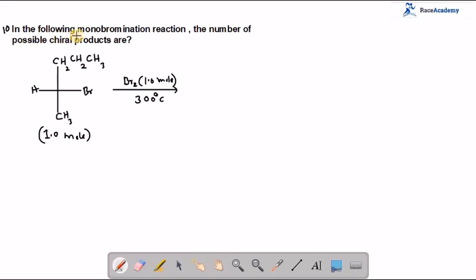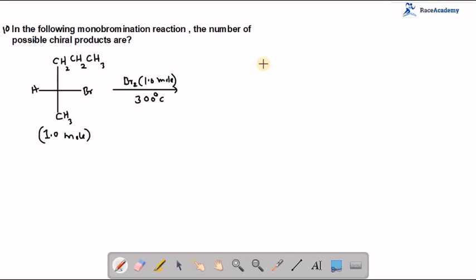See this question. In the following monobromination reaction, the number of possible chiral products are. So here they have given one formula. That means it undergoes a free radical mechanism, like I said earlier. As many replaceable hydrogen atoms as there are in this compound, those are the possibilities. The chiral carbons we will notice.